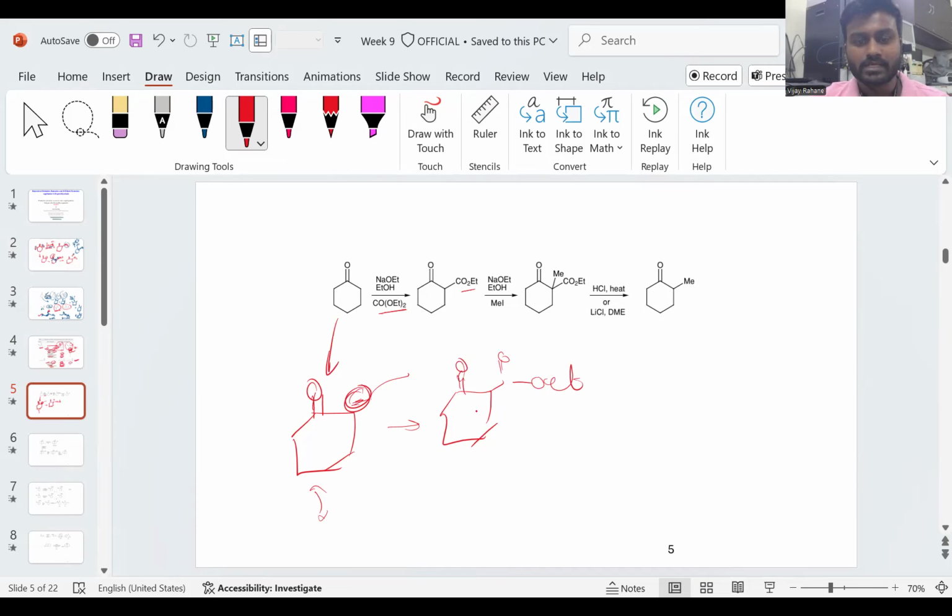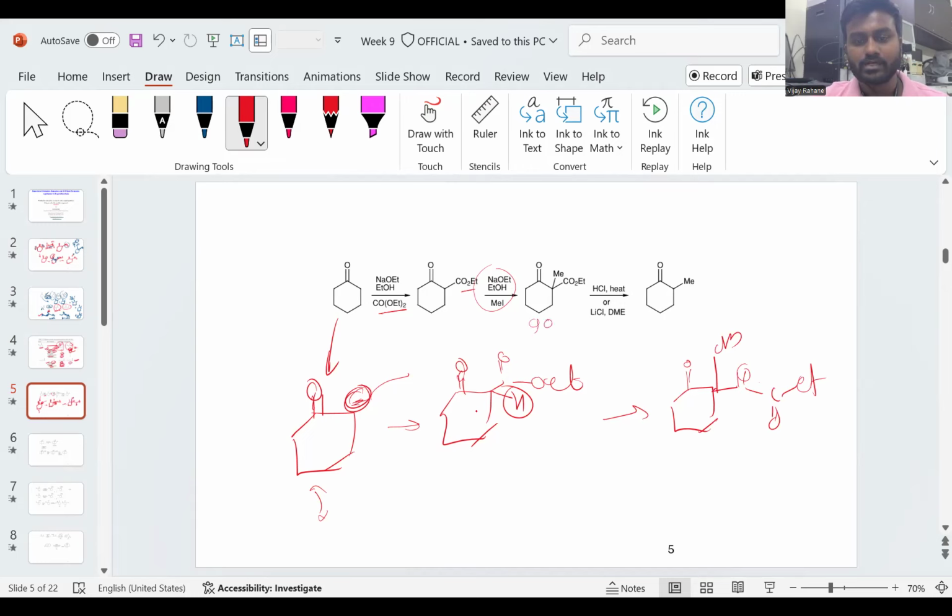Further, if you add a second equivalent of the base, at that time it preferentially abstracts this proton, because now this proton is the more active proton, and selectively this proton is abstracted, and it gives the monomethylated product at this position, right? Although it involves too many steps. So the methylation occurs selectively at this position.